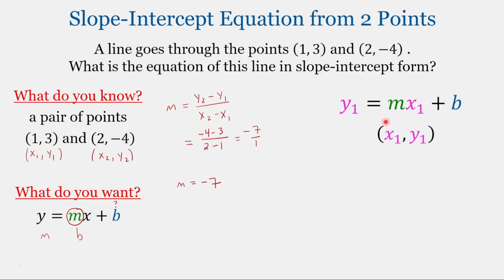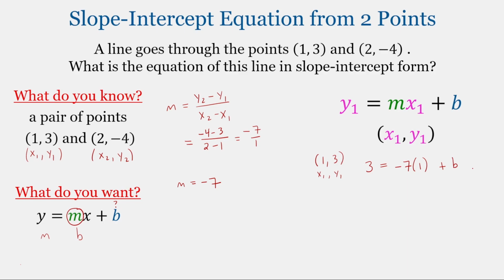So we can plug in a point that is on this line to find an unknown. Well, we do have a point. We have 2 points, actually. So let's use the point (1, 3). Again, this is x sub 1, and this is y sub 1. We can plug those in. So y is 3, equal to the slope, negative 7, times an x value of 1, plus b.